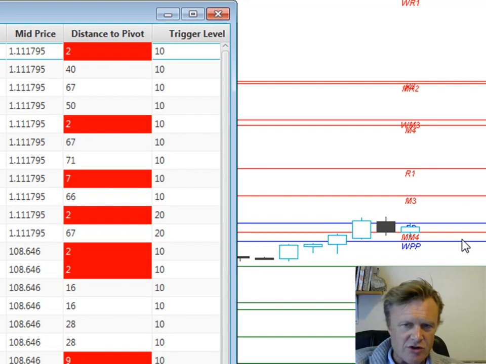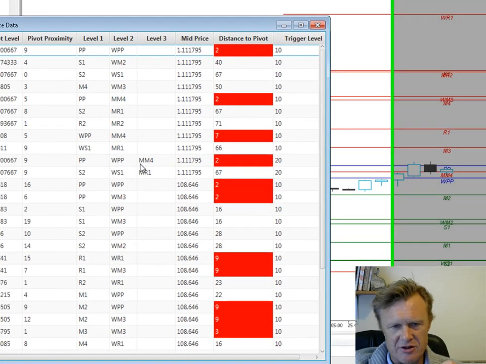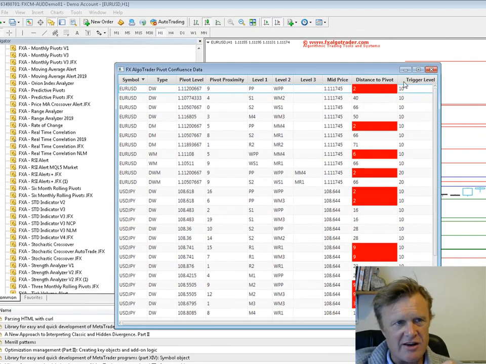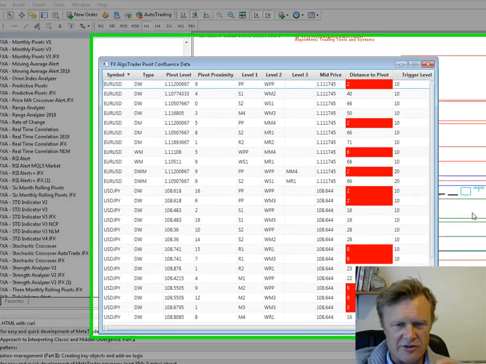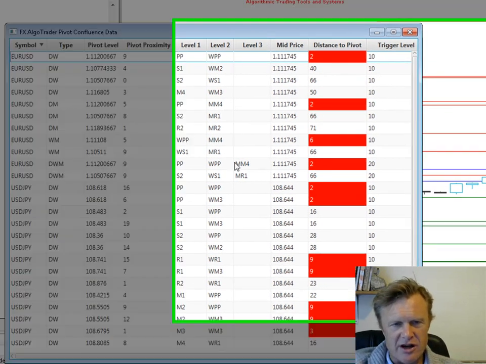So what you'll find is that if you're using another pivot application, or in fact some of our pivot products on your account, the levels that you see here will be a little bit different, because these levels here are calculated on an Aussie dollar demo account via FXCM. So those levels will be a little bit different. However, it doesn't really matter, because providing you're measuring like with like, i.e.